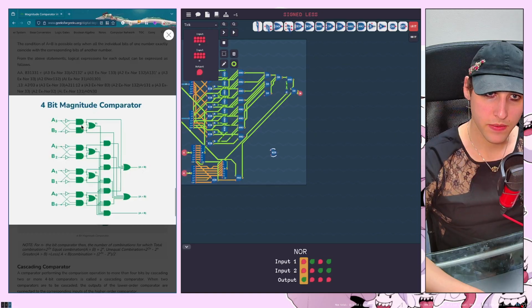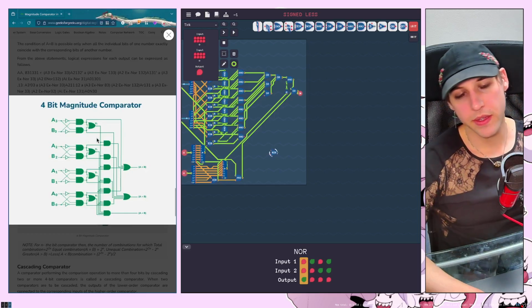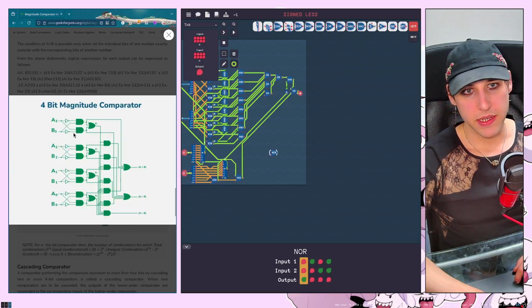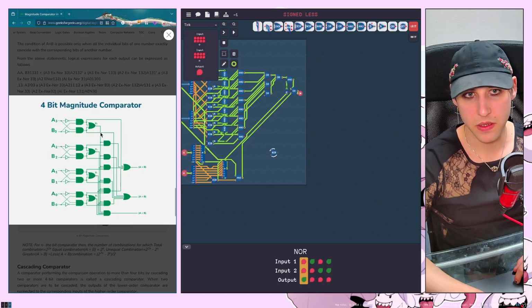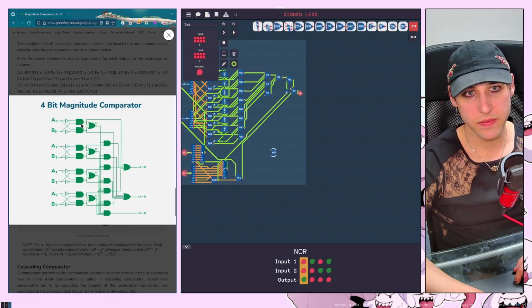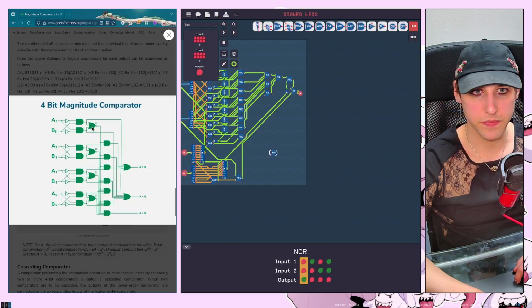And yes, it makes sense, because only if there's a difference in these two, one of these would light up. So if both are true, none of these AND gates would activate.